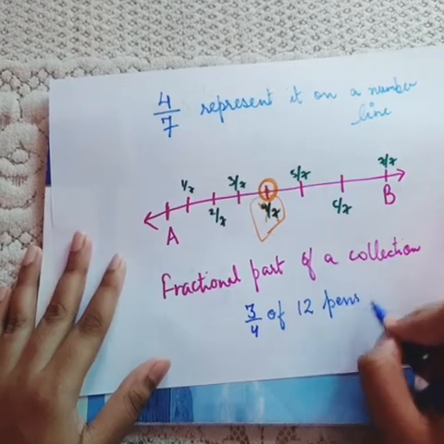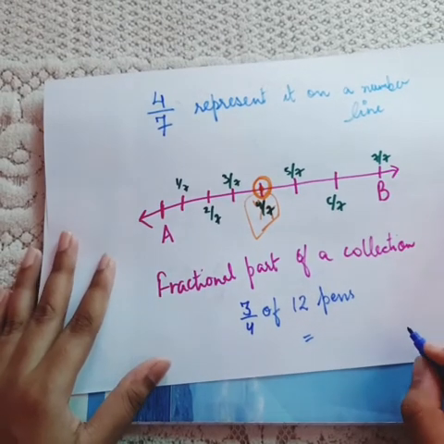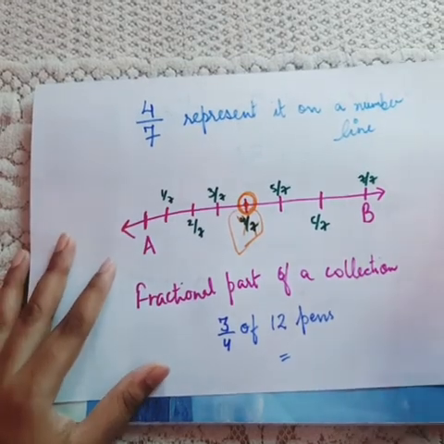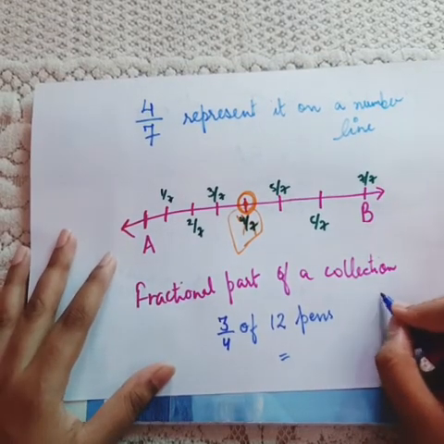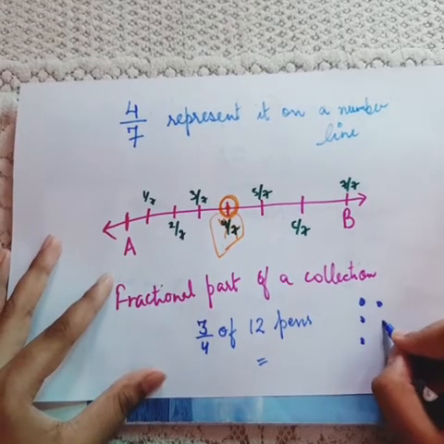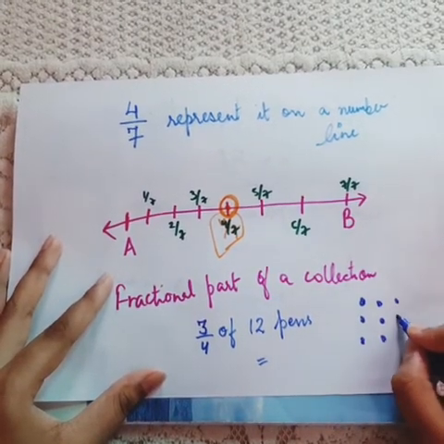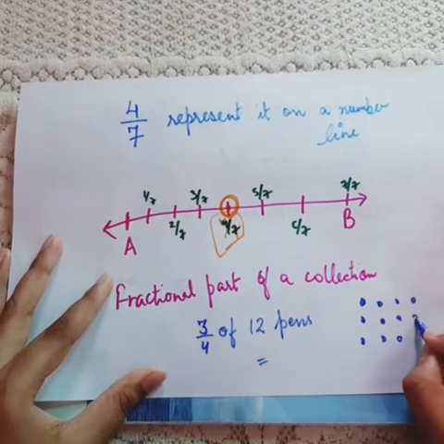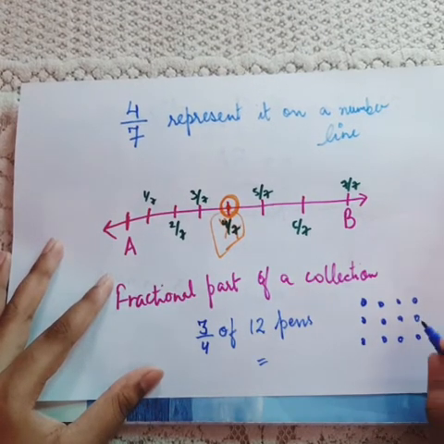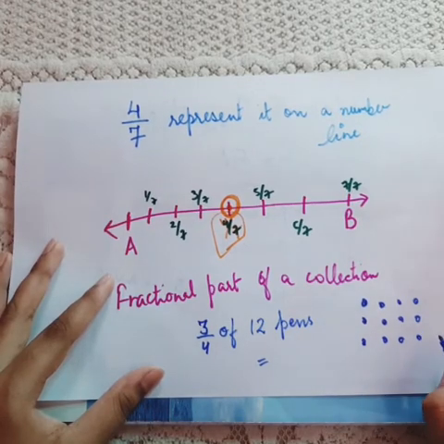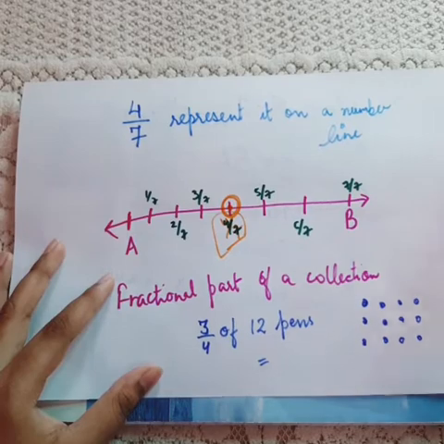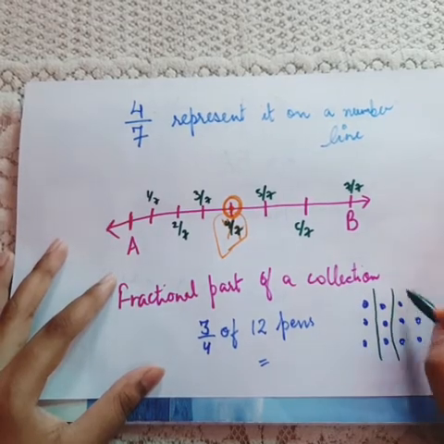Okay, how will you do it? The actual thing is, suppose you make 12 pence. I am representing like this: 1, 2, 3, 4, 5, 6, 7, 8, 9, 10, 11, 12. You have made 12 pence and you have to divide this collection into 4 equal parts. Okay, 4 equal parts I have divided.